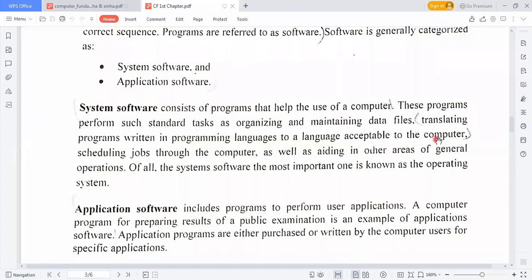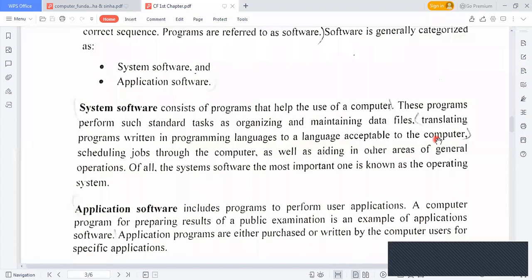Without this system software, no computer can perform any function, because it is with the help of system software that a computer can perform any functions. It also handles scheduling jobs through the computer as well as aiding in other areas of general operations. After all, the most important system software is known as the operating system.